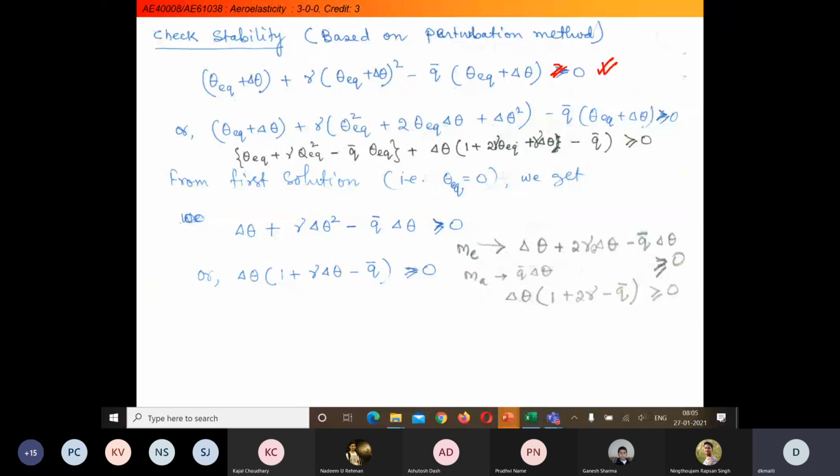So we can get the solution of this equation like this. Suppose delta theta equilibrium equals 0, we can get this term.